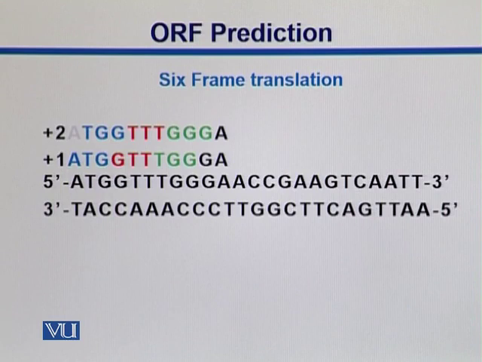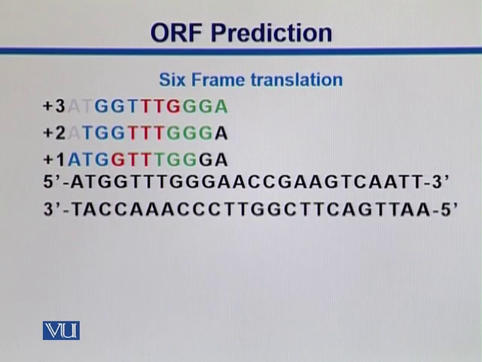This frame goes like TGG, TTT and so on. Sometimes it can start from position number 3. It can be GGT, TTG and so on. What if we start again from position number 4? It's no different than position number 1. So there are these three possibilities of finding reading frames on the top strand.